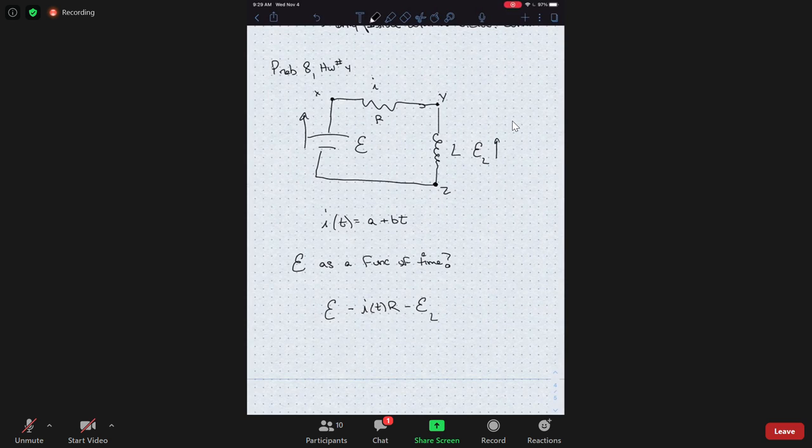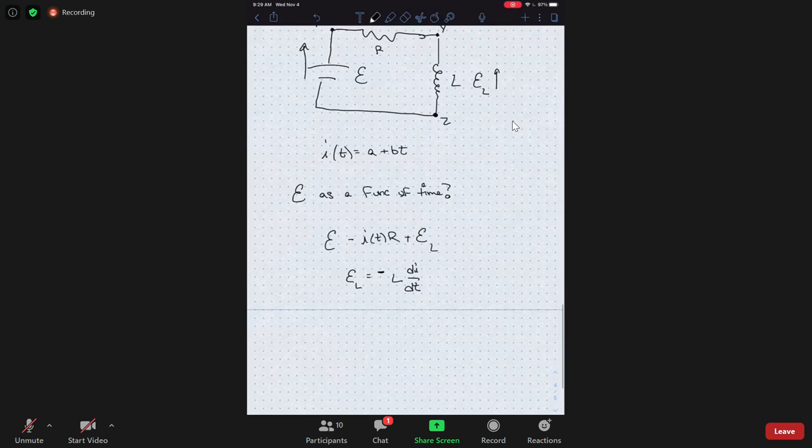And if you don't remember this expression, I guess I should put it like this: it's plus EL, it's really minus L dI/dt. The minus sign really belongs in this expression, where L is the inductance of the solenoid, and that's measured in henries.